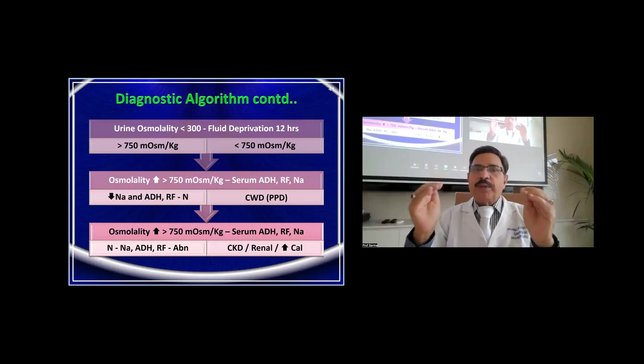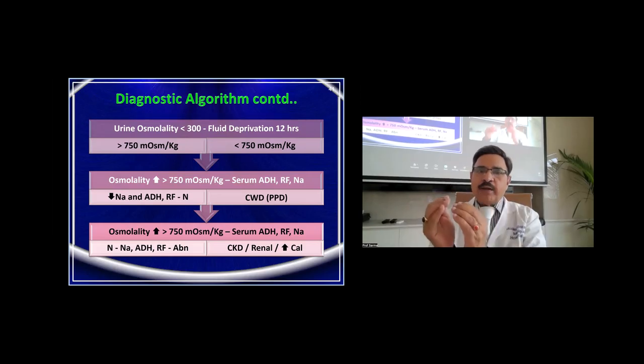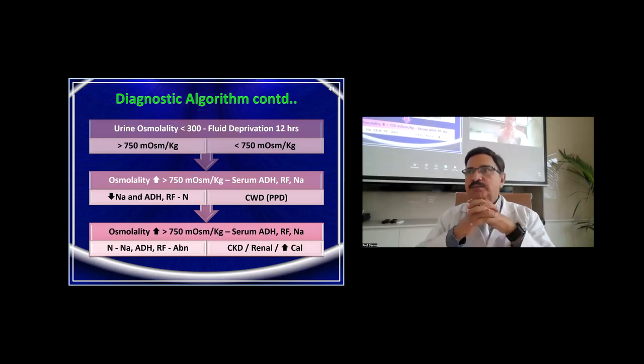That means if the patient has polyuria of more than 3 liters and his initial urine osmolality shows there is some concentrating power, more than 300, and on deprivation it has gone to more than 750, this could be a patient of compulsive water drinking, PPDI, or he could be a patient of renal disease or hypercalcemia.